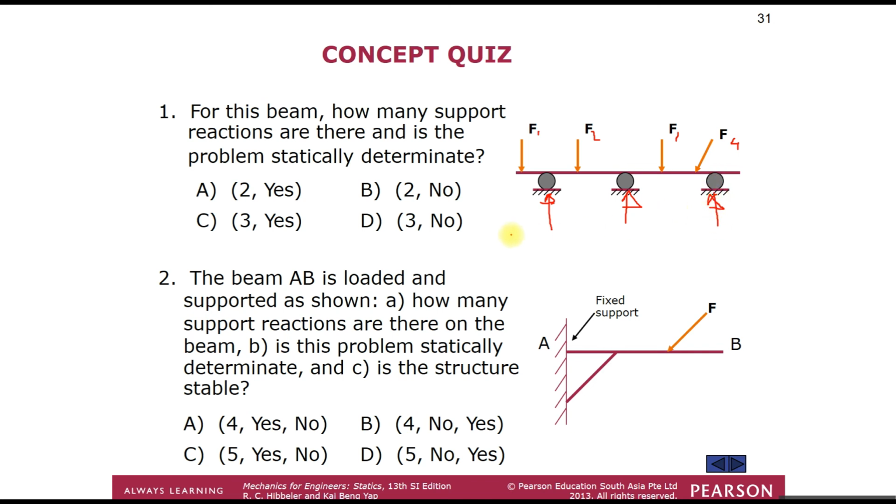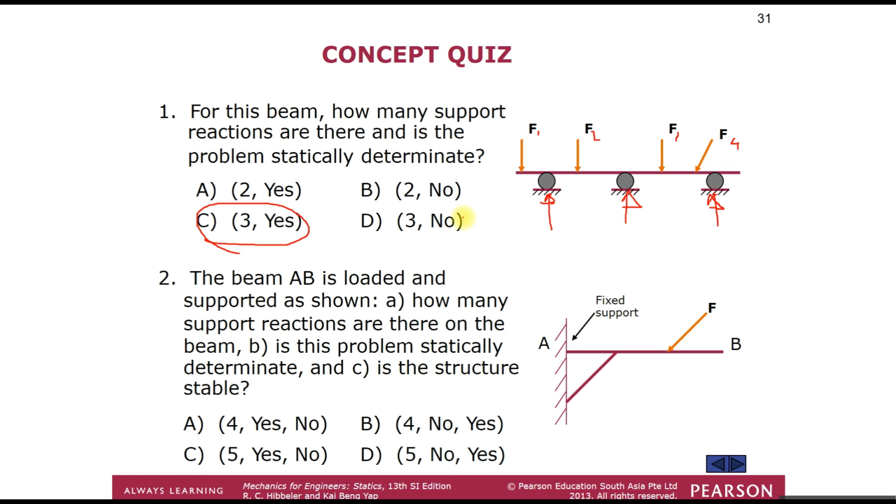So we only have 3 reactive forces. Is it statically determinate, meaning can we solve it statically? Yes, the answer is yes. With 3 reactive forces, we can determine it statically. If all 4 forces are unknown, then it will be answer D. But if they are known, then it will be statically determinate.